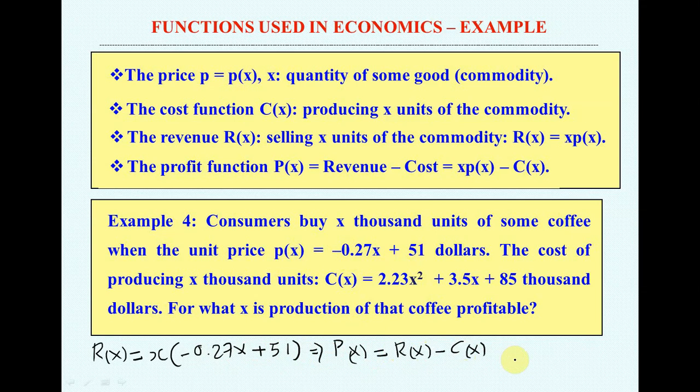You can do some simplification and we will find the profit. Here it is minus 2.5s squared plus something, minus 85. If we want it profitable, so we want that profit positive. And so on the second degree inequality, you will have s from 2 to 17.